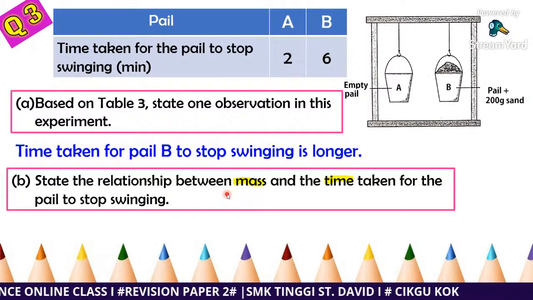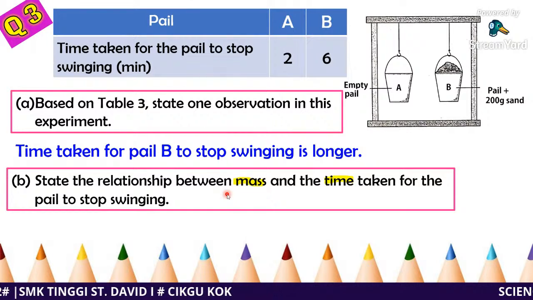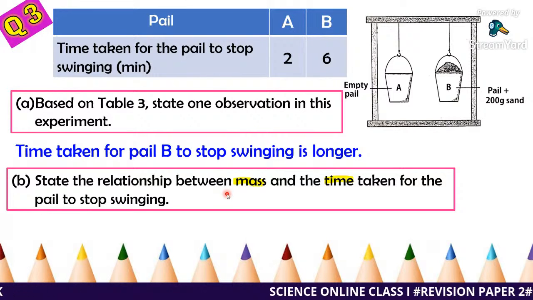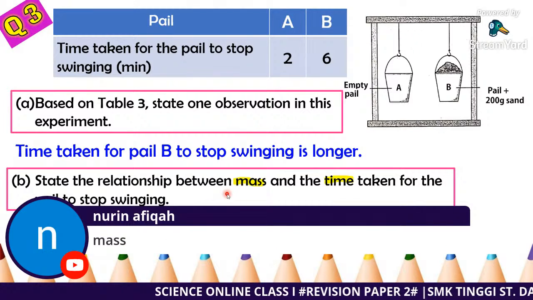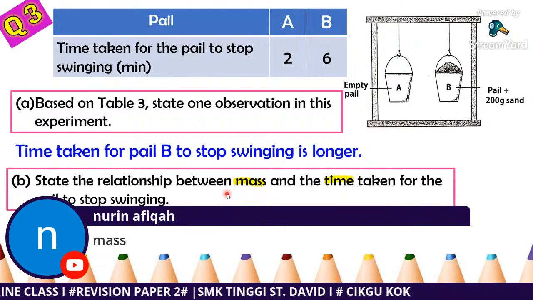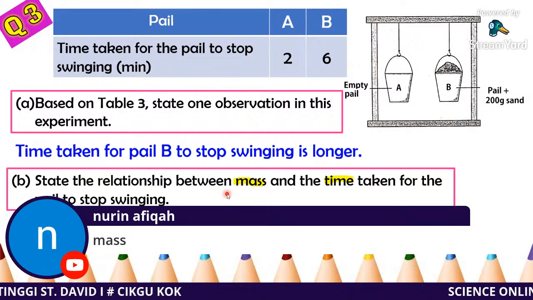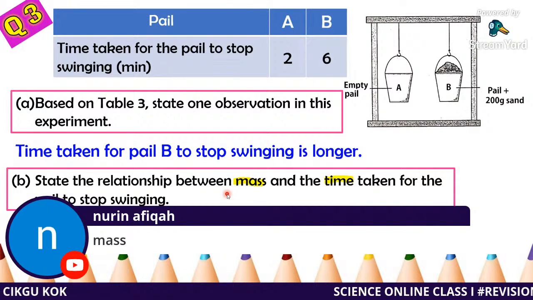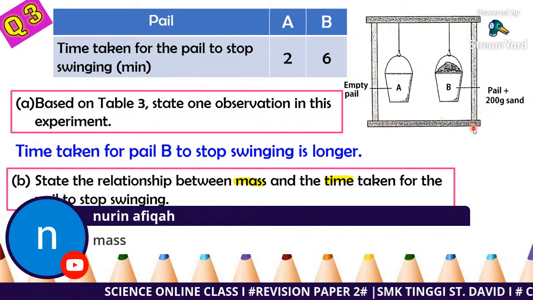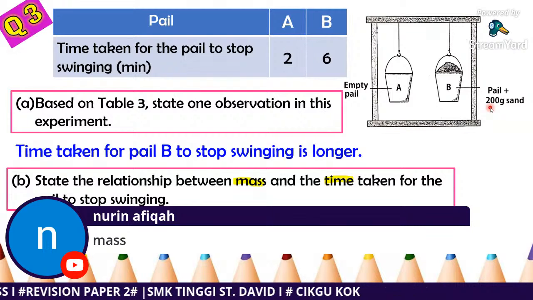Hui Jun, I found your answer. Okay, Amanda, Nurin. So the answer is mass. The mass is the manipulated variable because we control it, we add 200 grams. So the answer for Nurin is correct. The others are also correct, Amanda also correct, Joey also correct.